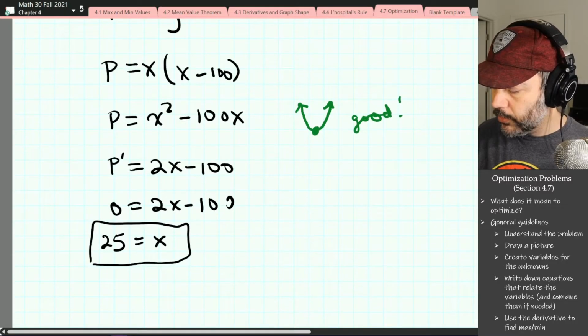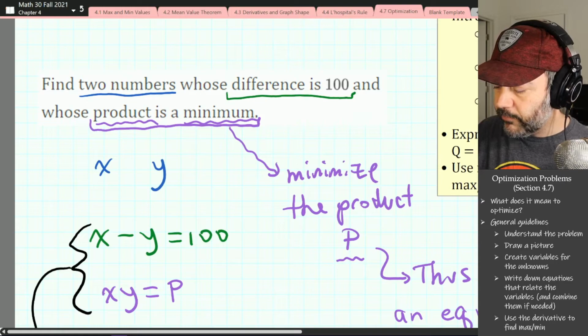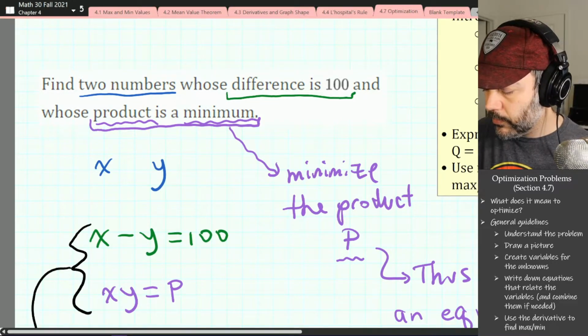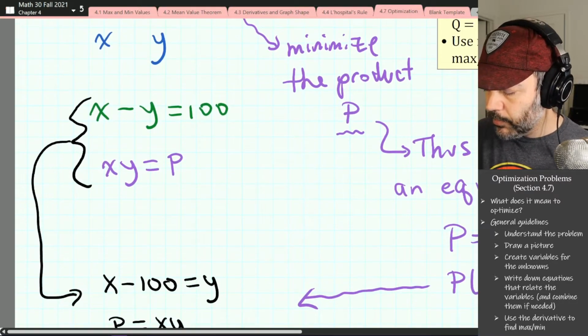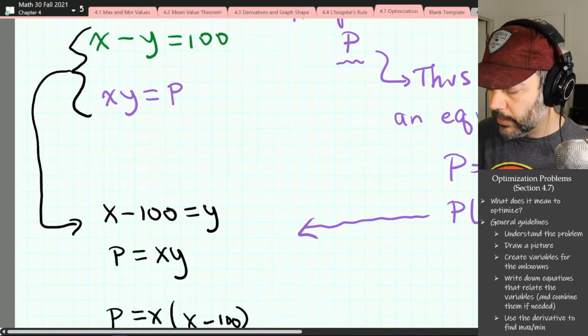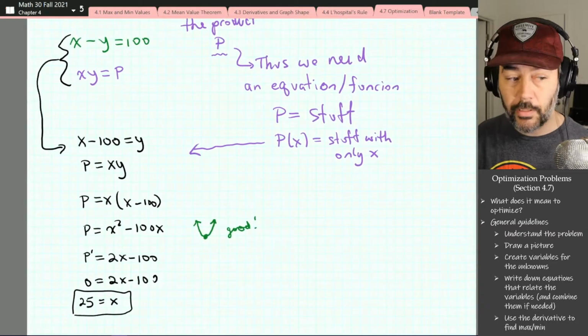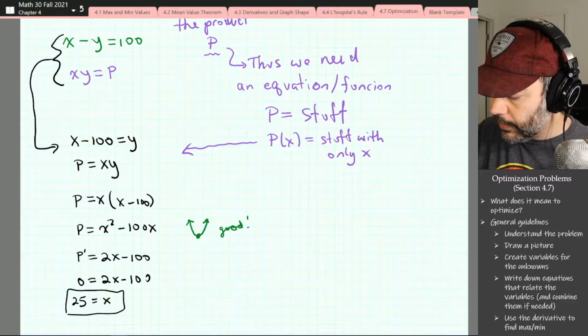Let's go back and make sure that, what do we need to find? It says find the two numbers. So we need to find x and y. But all we need to do is plug our x back into our relationship between x and y, and then we're done. So what I can do is come down here and use that green equation in the top left and just get this.